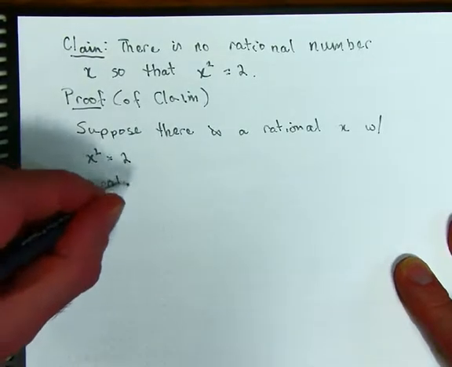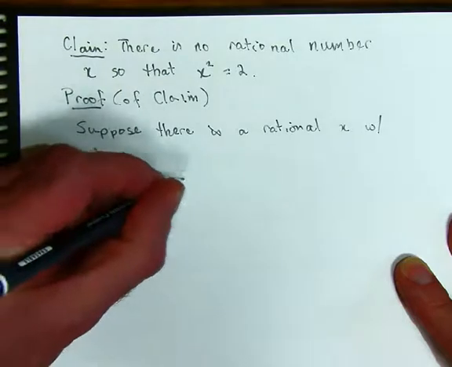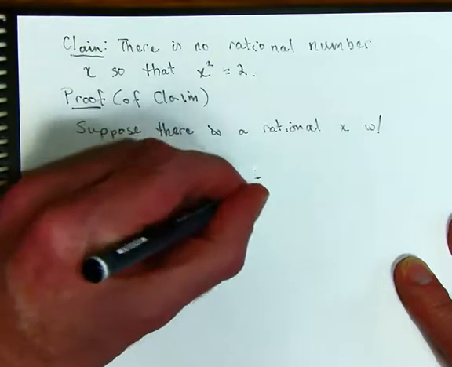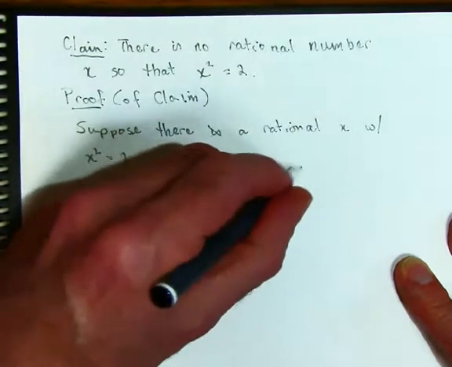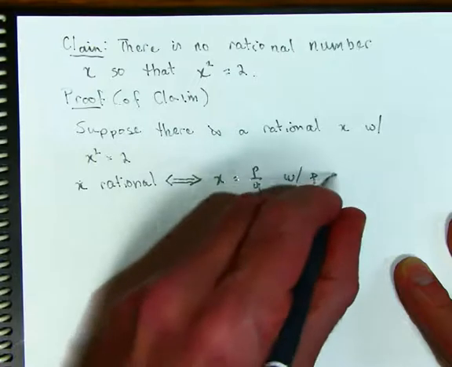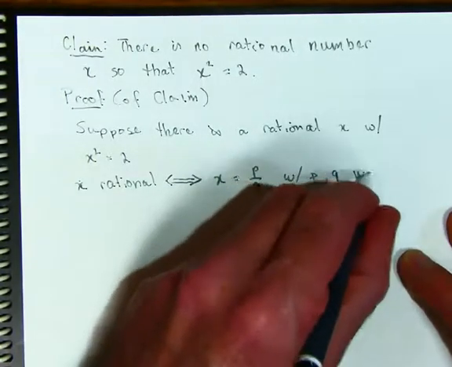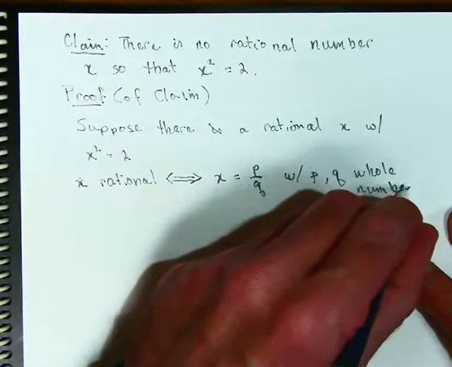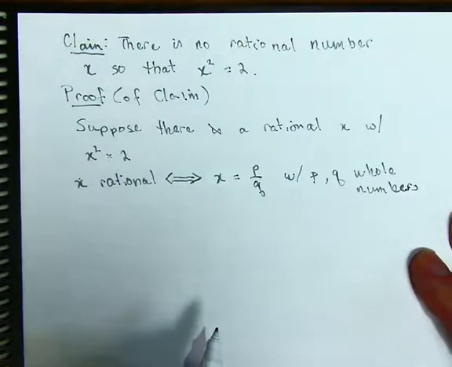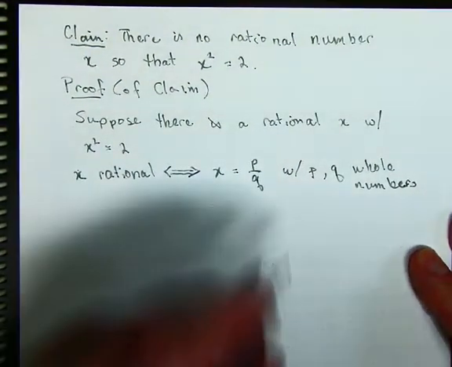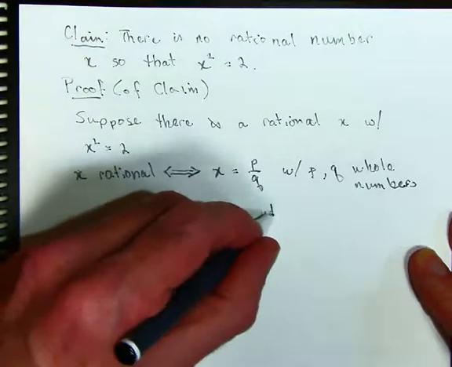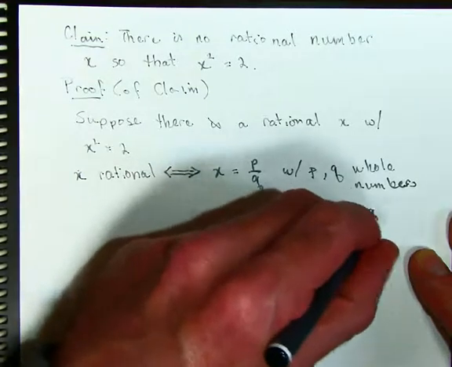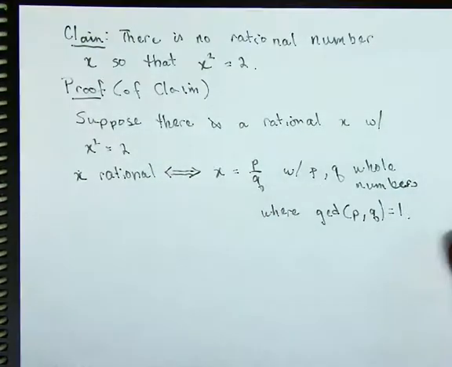If x is rational, that is equivalent to saying that x equals p over q, where p and q are whole numbers, and furthermore, we can assume that the GCD of p and q is equal to 1.